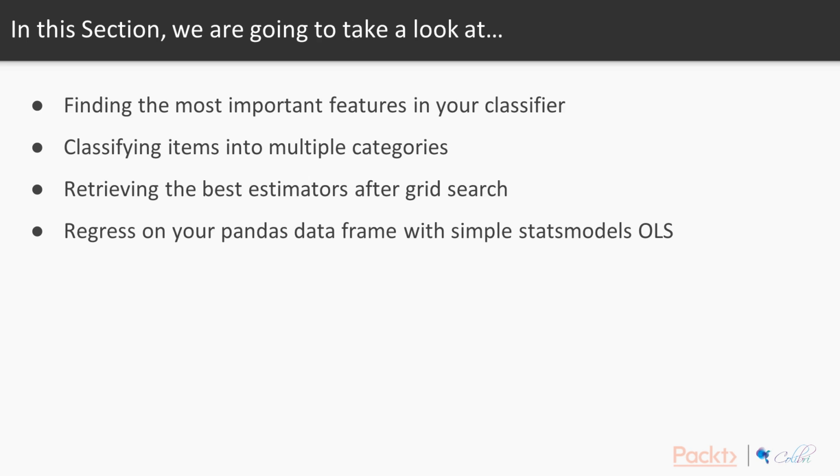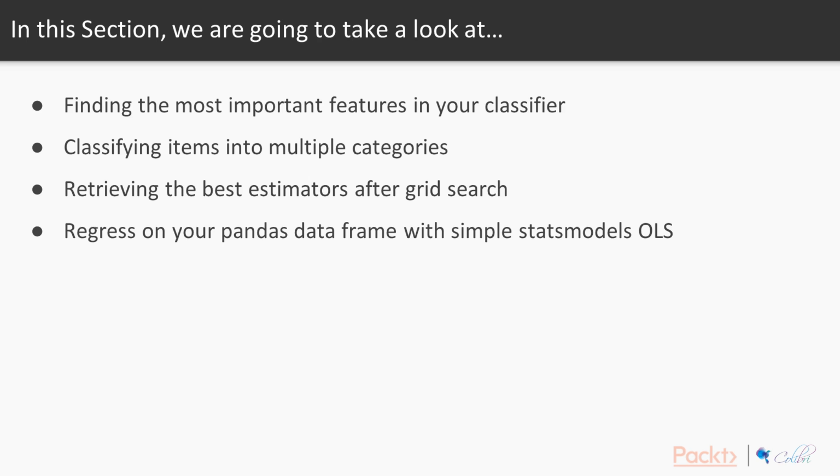In this section, we're going to take a look at 4 different problems that you encounter when you're doing standard tasks like regression and classification in Python using Scikit-learn. The first issue is finding the most important features after you've trained your classifier. The second issue is classifying items into multiple categories.